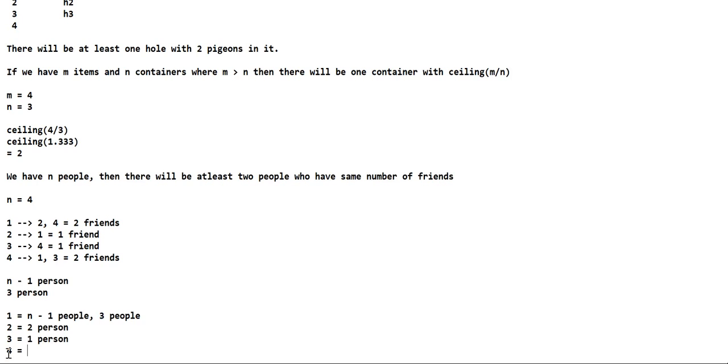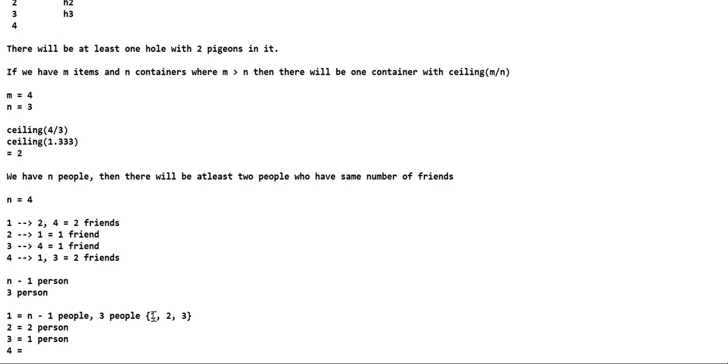Now for person number 4, the number of friends has to be out of this 1, 2 or 3. So he can have either 1 friend, 2 friends or 3 friends, but it has to be out of these 3 options, because you can have a maximum of n minus 1 friends.